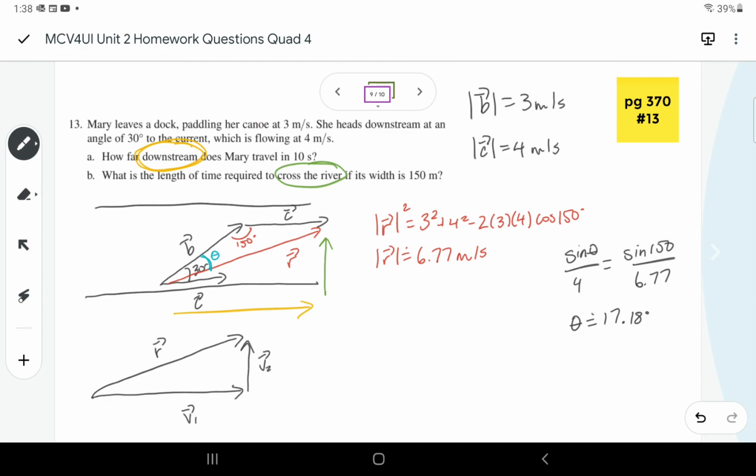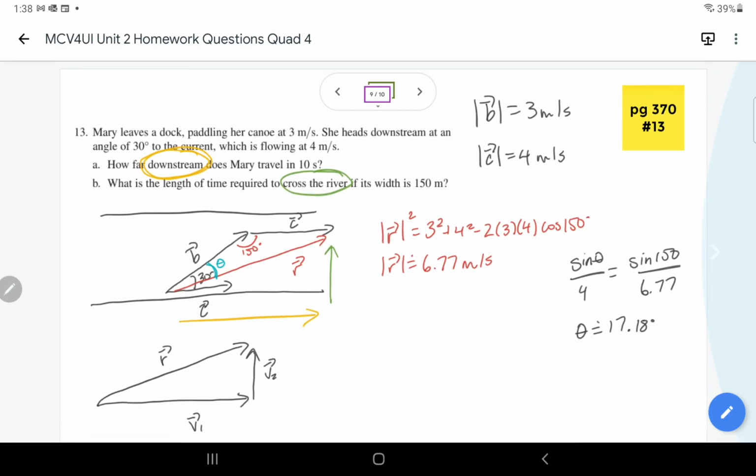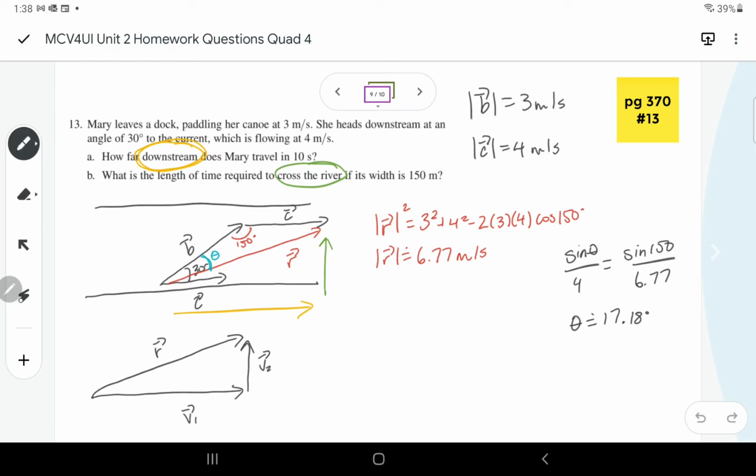So I'm going to want an angle in this triangle. And are we all okay if I say, well, this theta was 17.18 and the whole angle here was 30?